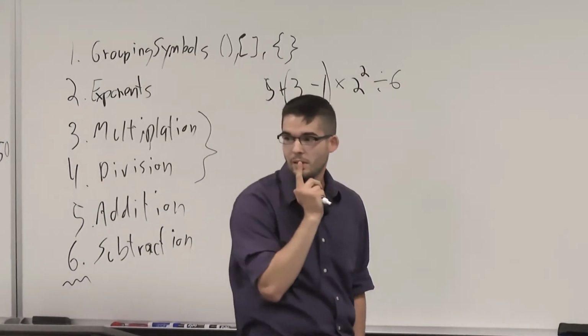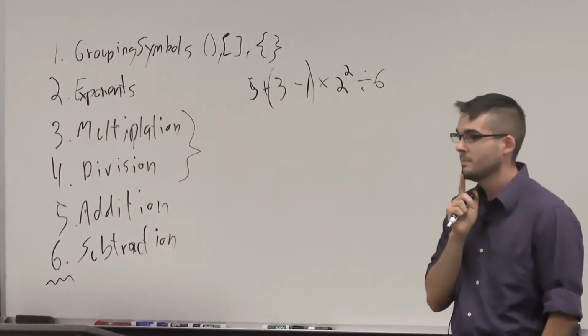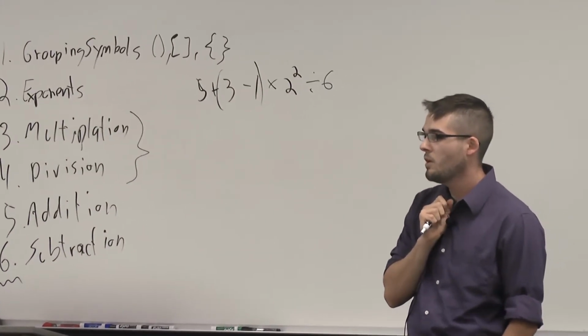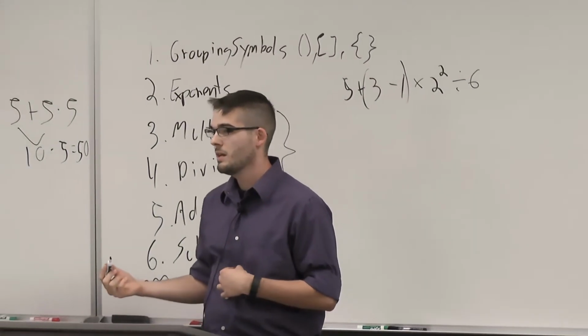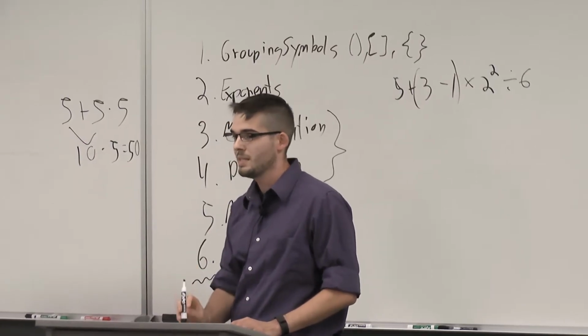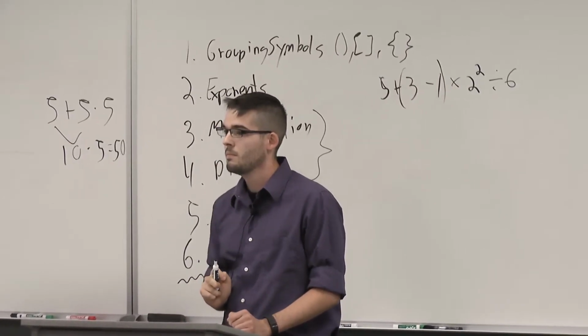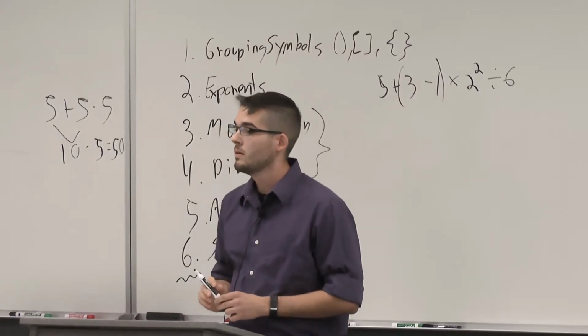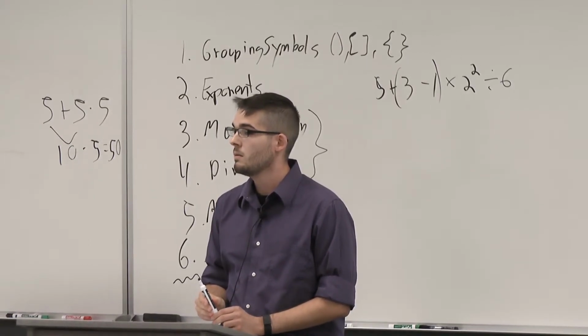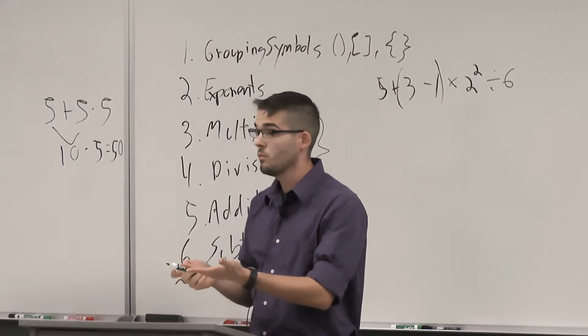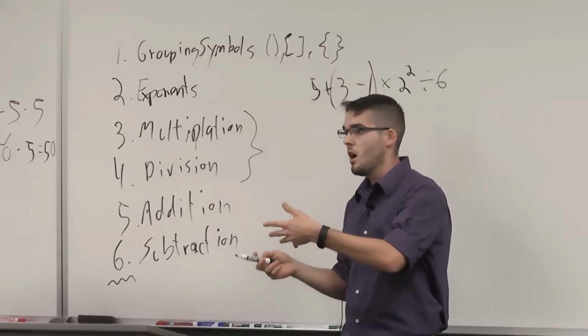I want you to think about the relationship between multiplication and division and tell me why you think we might do them at the same time. Okay, so they reverse each other, they undo each other.